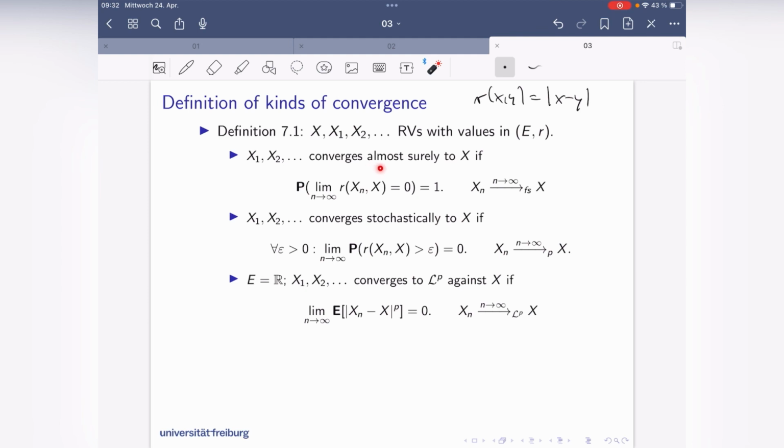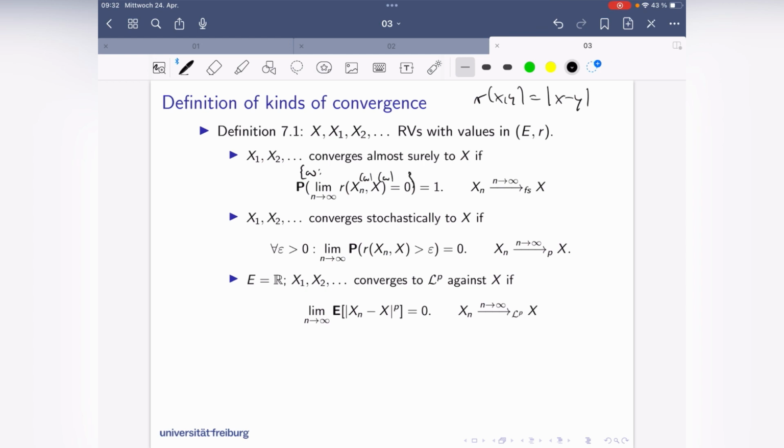Almost sure convergence. X1, X2, and so on, that's a sequence of random variables. It converges almost surely to X if this here holds, so the limit of r(Xn, X) equals 0. Of course, what I would have to write down is that the set of omega such that this holds has probability 1.